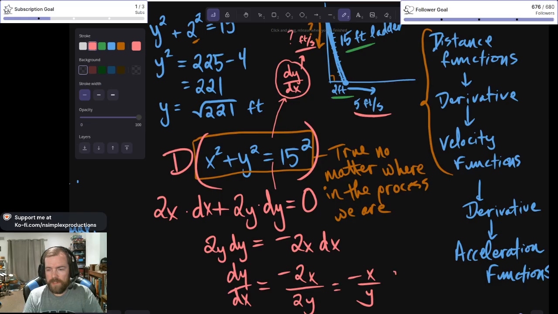Alright, and this is going to be in feet per second. This does not mean that our x's are in feet and our y's are in seconds. It doesn't work like that. This is just saying that in order to compare our velocities, we end up with these two things.